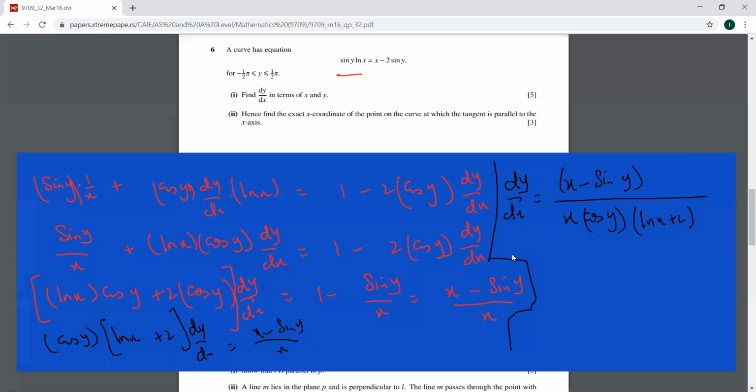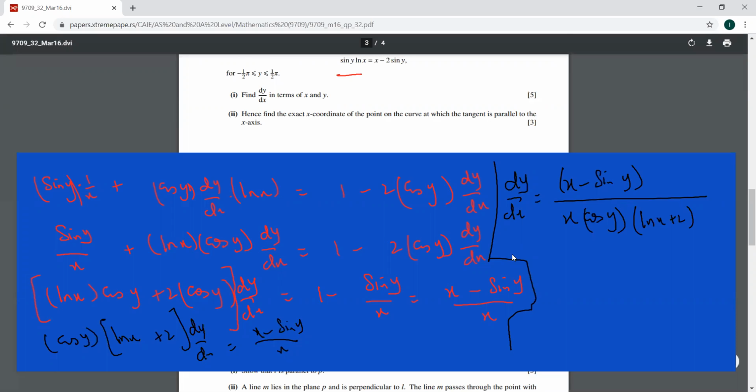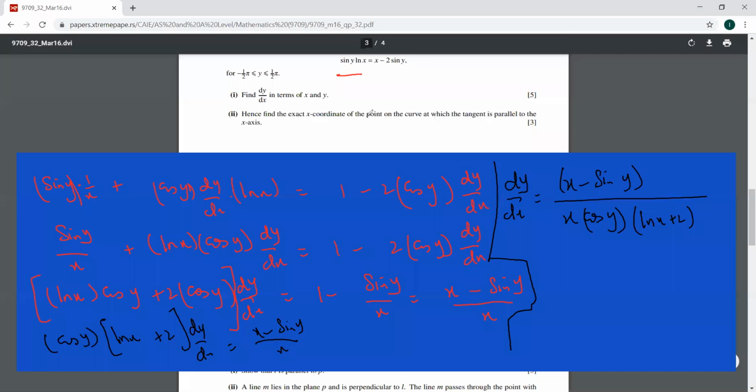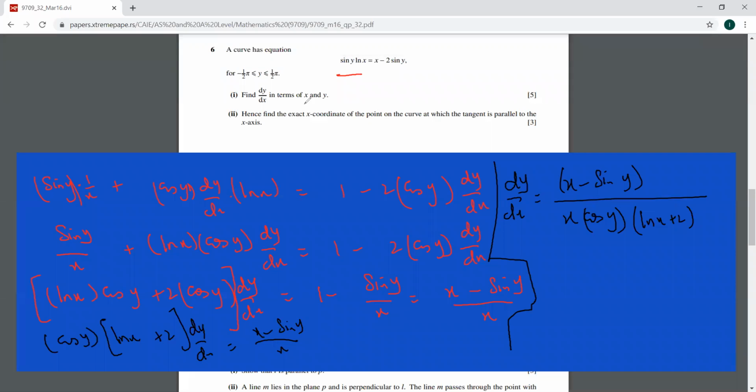Okay, in the second part it says, hence find the exact x coordinate of the point on the curve at which the tangent is parallel to the x-axis. So for that purpose, when the tangent is parallel to the x-axis, what would be your gradient there?